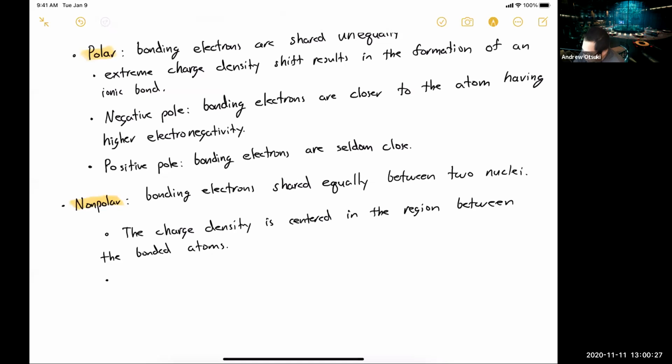Lastly, a bond between identical atoms, for example the F2 molecule and the H2 molecule we talked about, is always nonpolar.